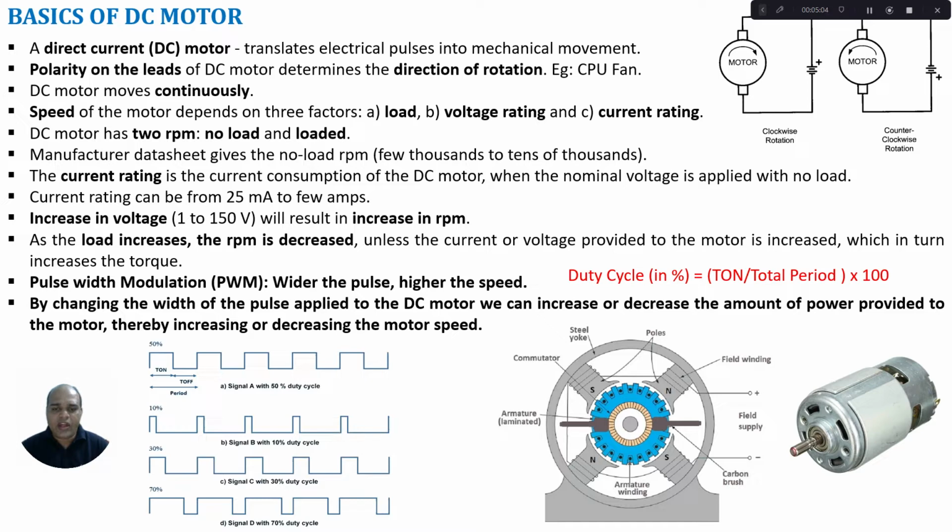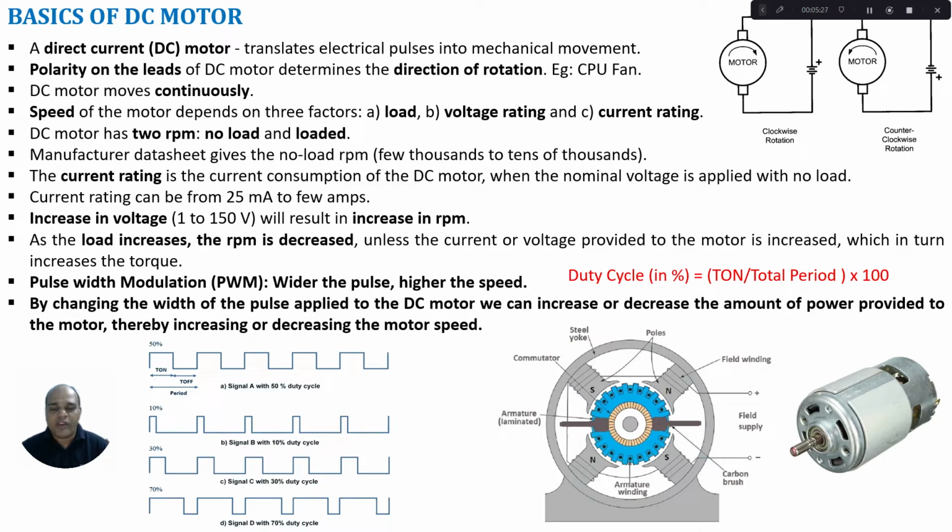By varying the on time of the square wave, we can change the speed of a DC motor. If I have a wider pulse, then the speed will be higher. If I have a narrow pulse, then the speed will be lower. So pulse width modulation can be used for adjusting the speed of a DC motor.